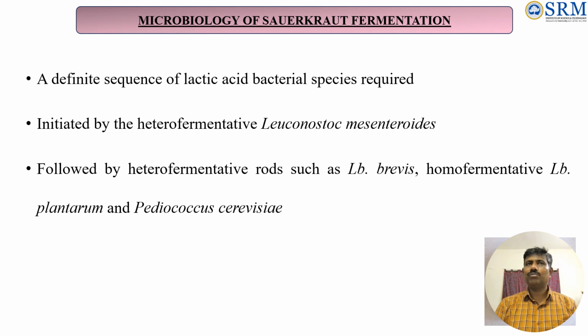It's the group of lactic acid bacteria or species involved in the fermentation process. It's initiated by the heterofermentative Leuconostoc mesenteroides, followed by the heterofermentative rods such as Lactobacillus brevis and homofermentative Lactobacillus plantarum and Pediococcus cerevisiae.